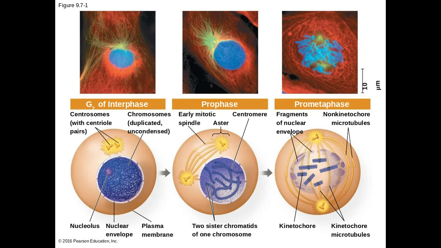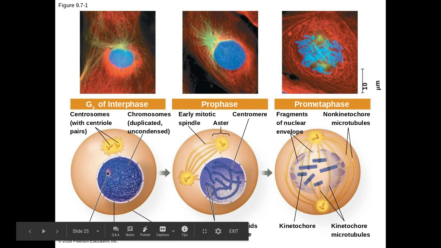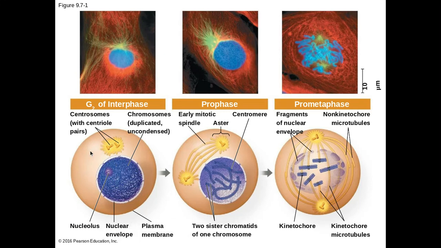They still look like spaghetti, kind of like the chromatin. You can see the nucleolus here. The nuclear envelope is still present. And then we have the centrosomes with the centriole pairs, and they're just stuck up here.